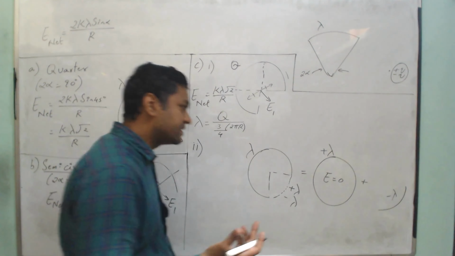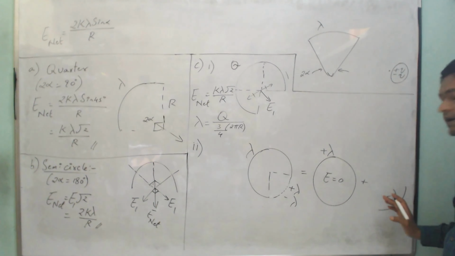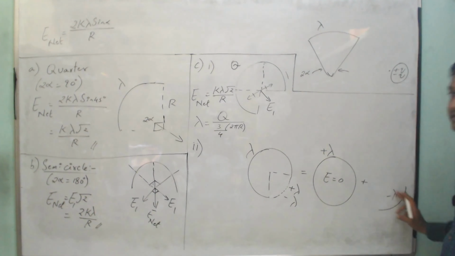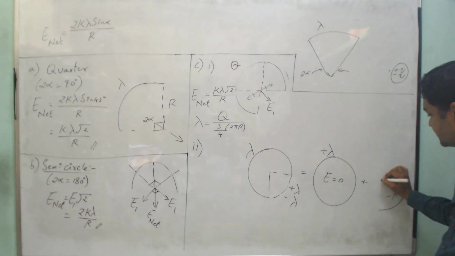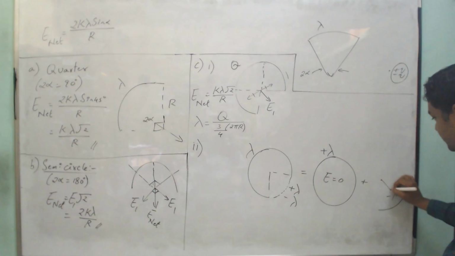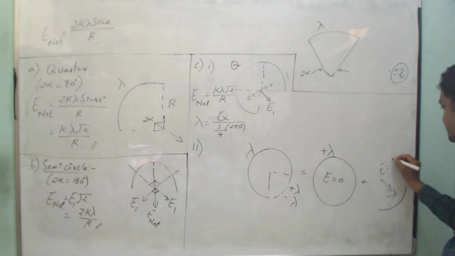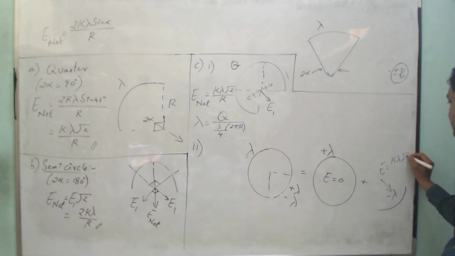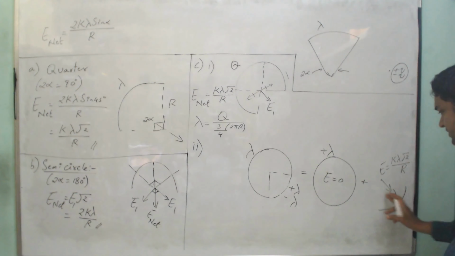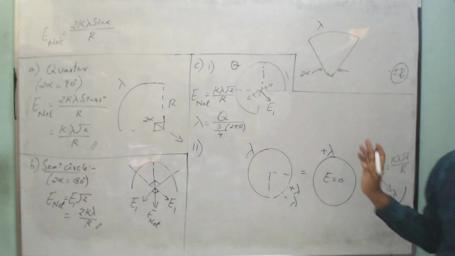And the next one is only the quarter of the circle having a charge per unit length of minus lambda, and the electric field at the center due to this is the same as that quarter, but now it will be towards the wire. The magnitude is k lambda root 2 by r, which is the same answer that we have over here, k lambda root 2 by r towards this direction.